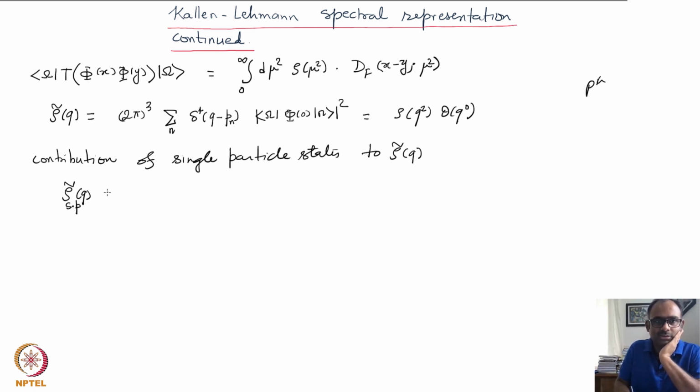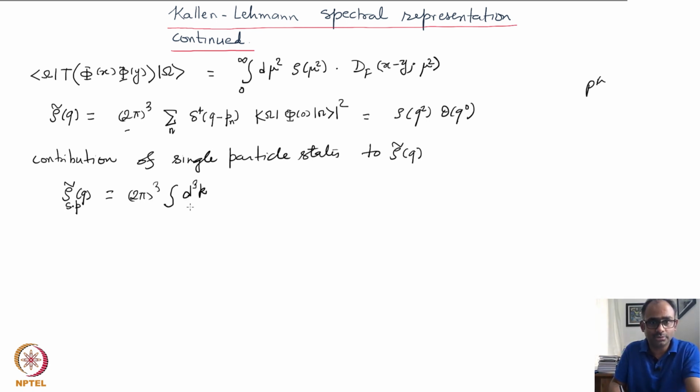So what is that object? That object has the 2 pi cube factor, then the summation over n, but now we have to appropriately replace this sigma over n by the measure which we have discussed earlier, d cube k over 2 omega k.